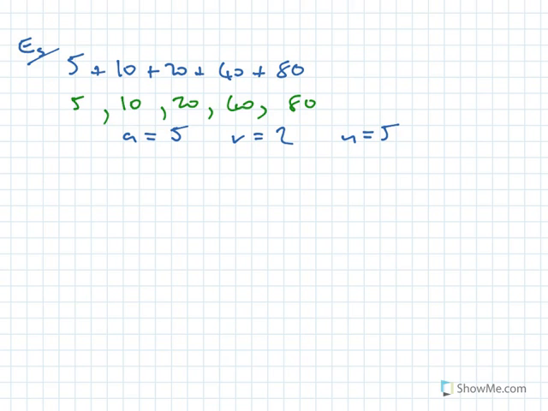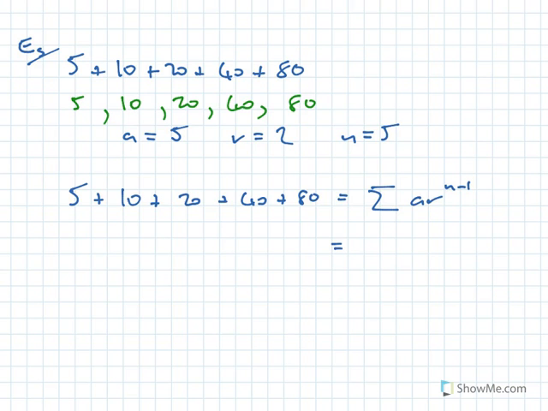So if I want to write this in sigma notation, I can say that 5 plus 10 plus 20 plus 40 plus 80 is equal to the sum of, okay, so it's the sum of the terms of the sequence. And we know that the general term of a geometric sequence is a r to the n minus 1.